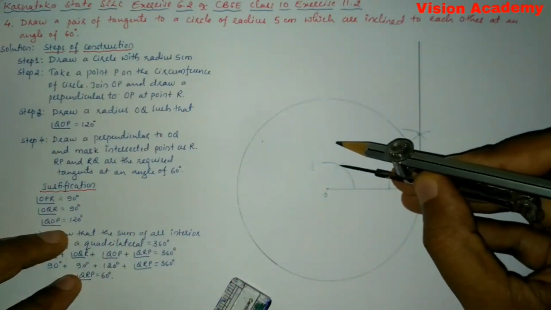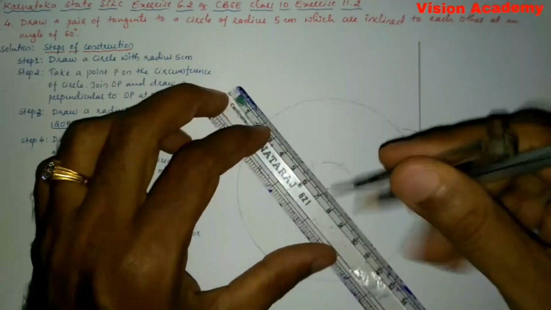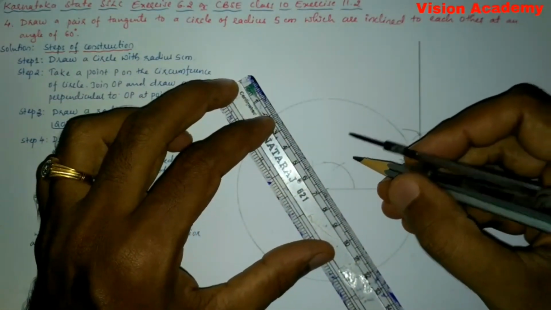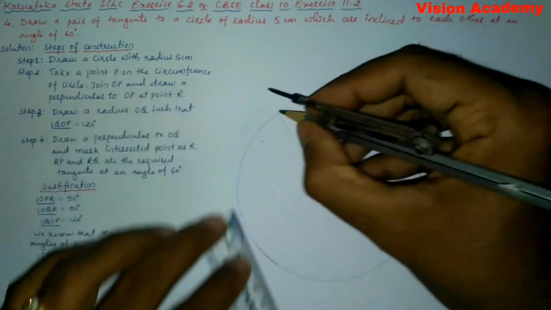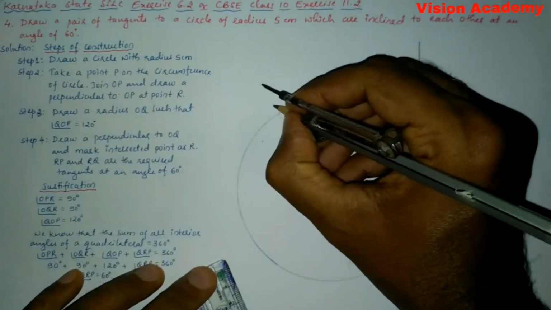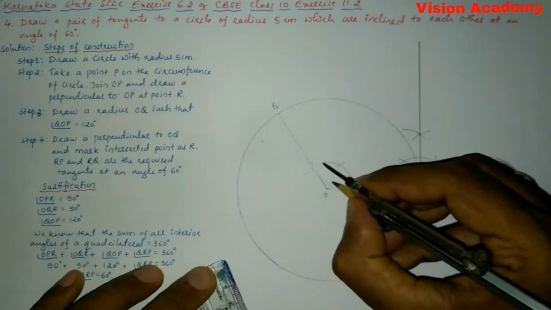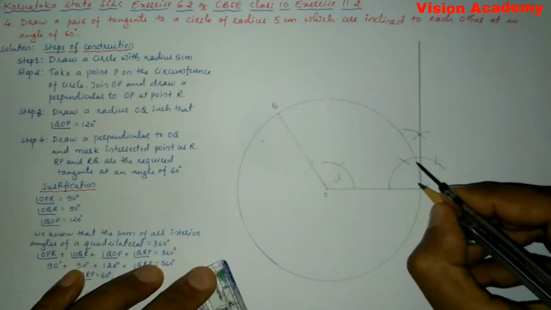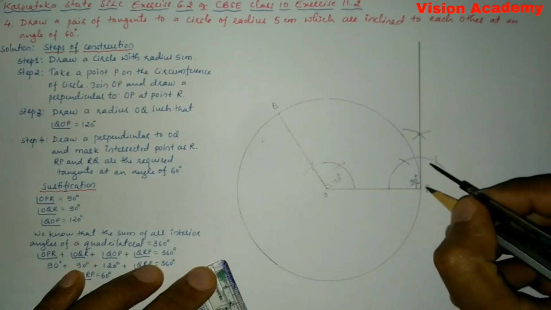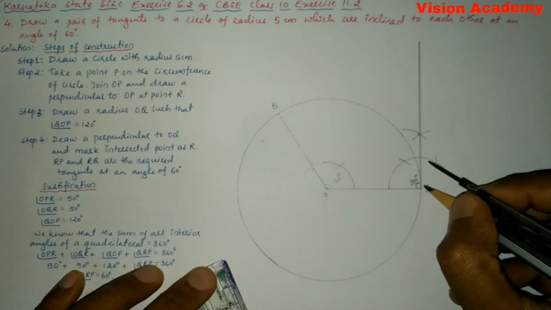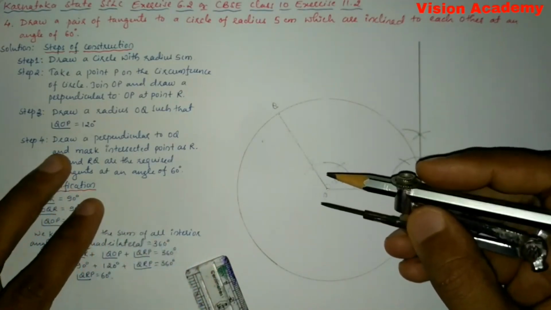So this point gives us 60 and the other point gives us another 60, that is 120. So let us draw a line. So it meets the circumference of the circle at point Q. So this angle QOP is 120 degree and this is the right angle, that is 90 degree, because the tangent in the semicircle. Now we will go for the next step.